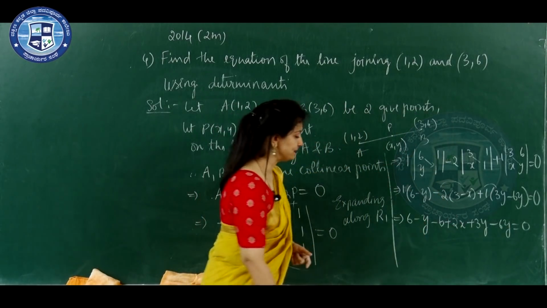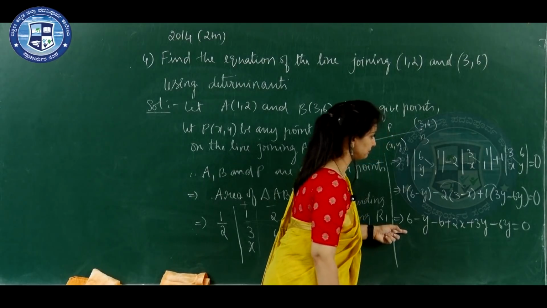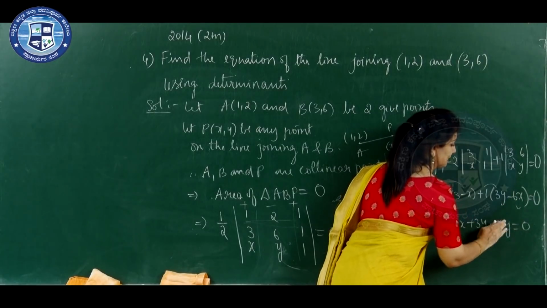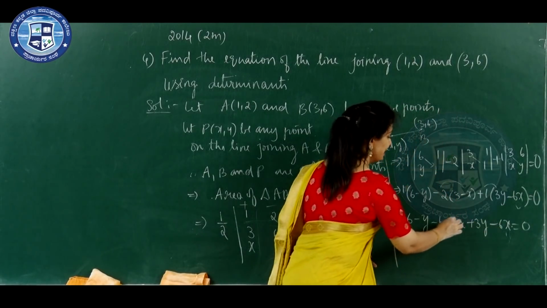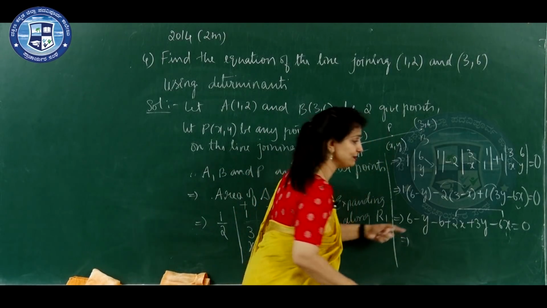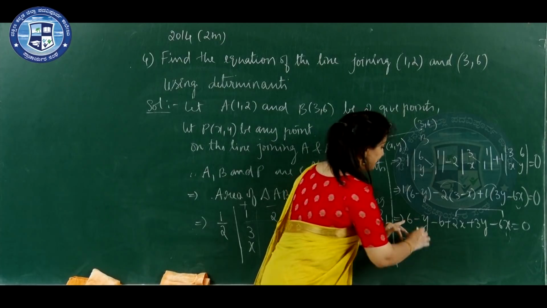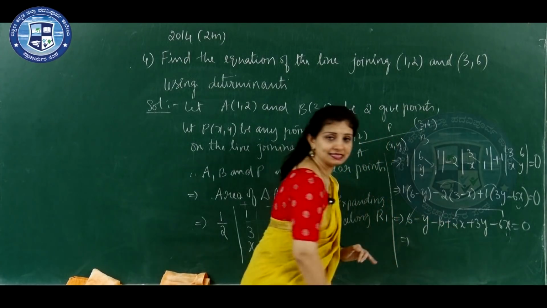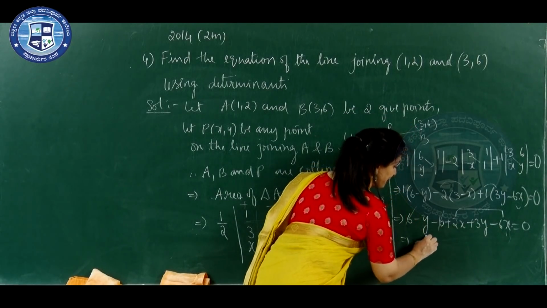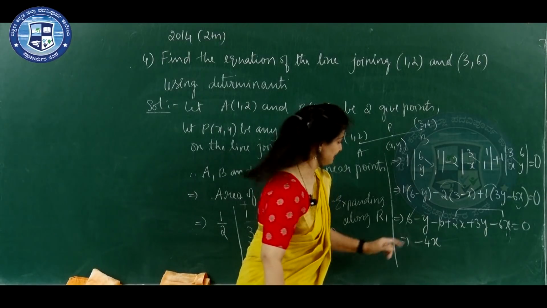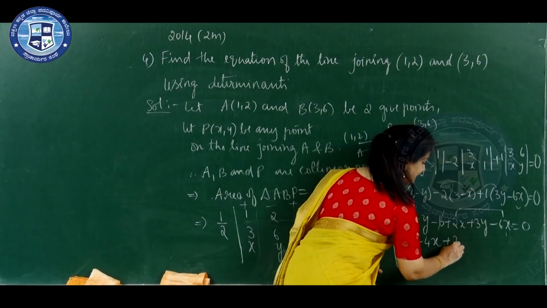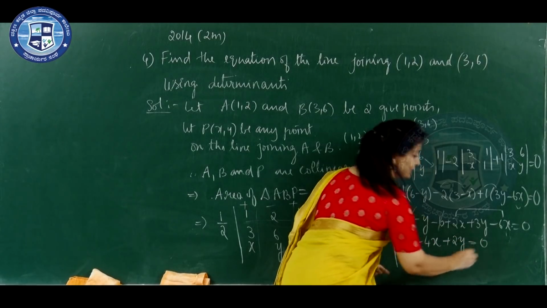Now, group the like terms. Plus 2x minus 6x is minus 4x, and plus 6 and minus 6 cancel. Minus y plus 3y is plus 2y. That is all, is equal to 0.